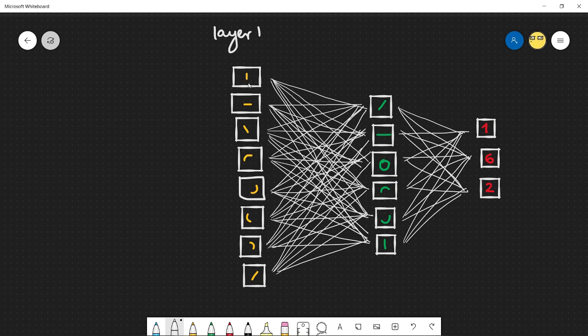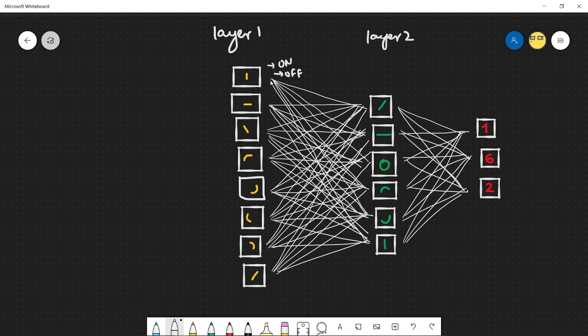So this neuron here, this little box neuron, is only going to fire on or off, right? That's what neurons do. They signal on or signal off, and it is connected to these neurons here in layer 2.